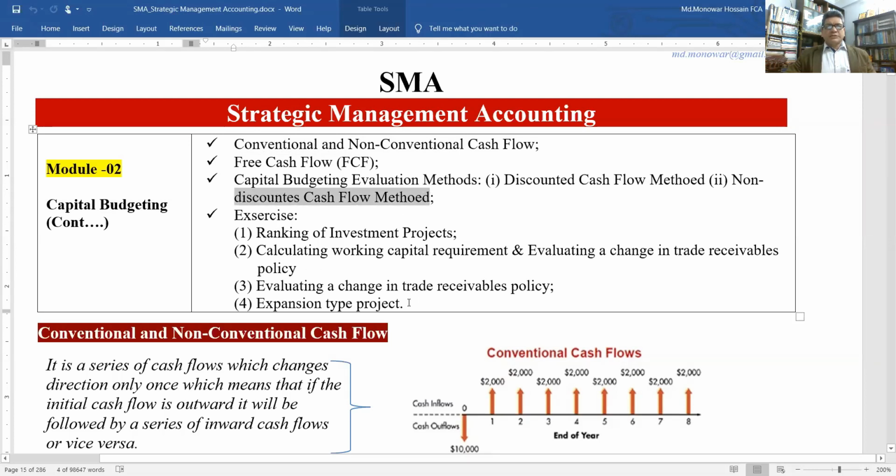And we'll take 4 exercises: ranking of investment projects, calculating working capital requirement, evaluating a change in trade receivable policy, and an expansion type project. So let us start.